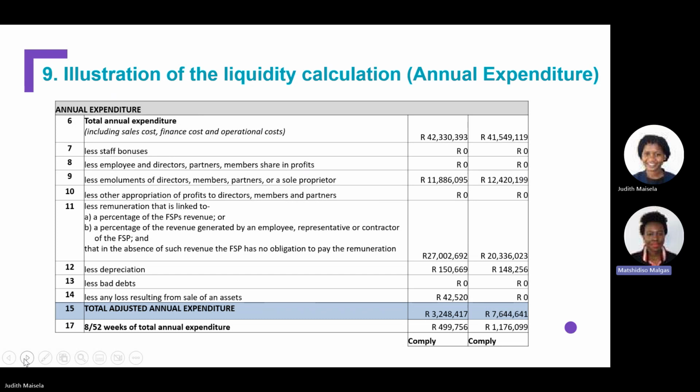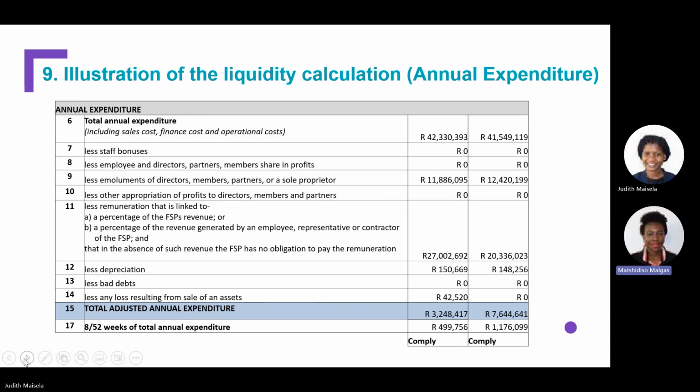From the total annual expenditure, we deduct staff bonuses, employee and directors', partners', members' share in profits, and we also deduct emoluments of directors, members, partners, or sole proprietor. And we also take out any other appropriation of profits to directors, members, and partners. What also we take out from annual expenditure is remuneration. Which remuneration is this?